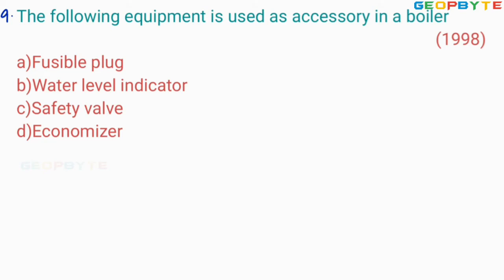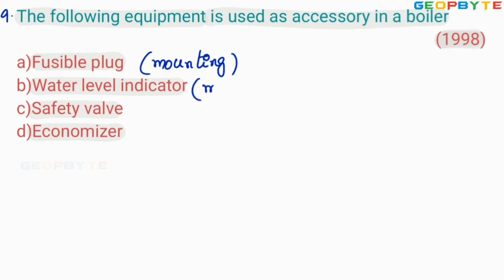Look at the 9th problem. The following equipment is used as accessory in a boiler. It was asked in 1998. First one, fusible plug; water level indicator; safety valve; economizer. You know, fusible plug is a mounting.